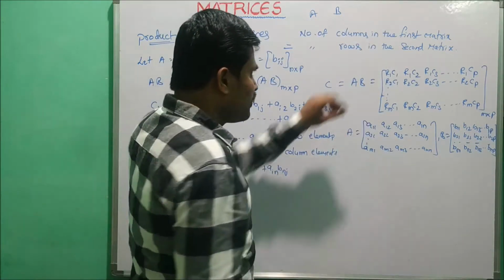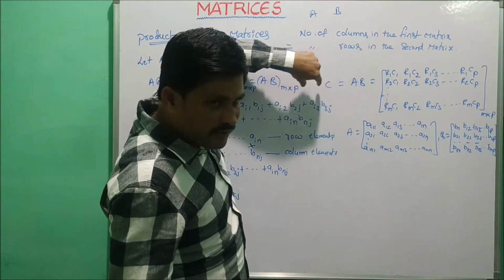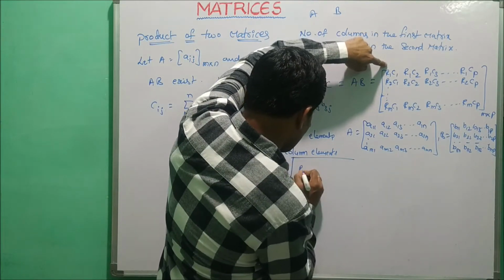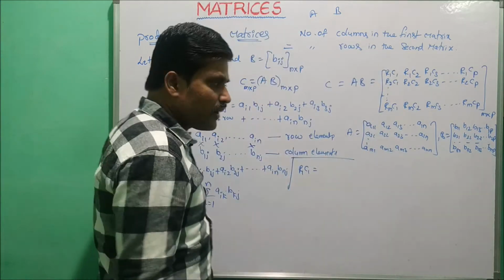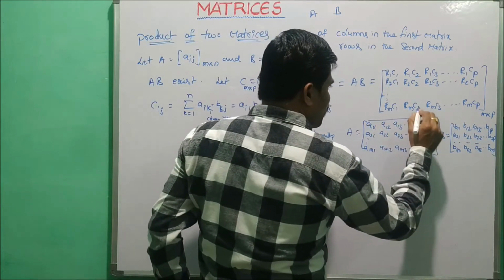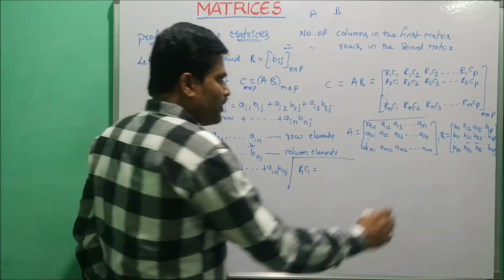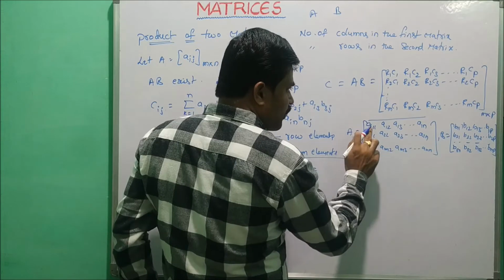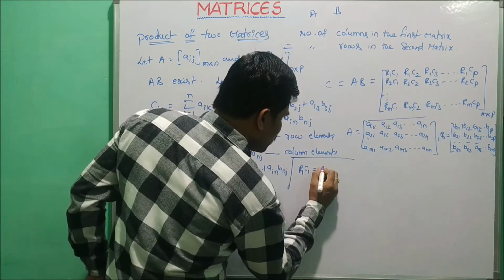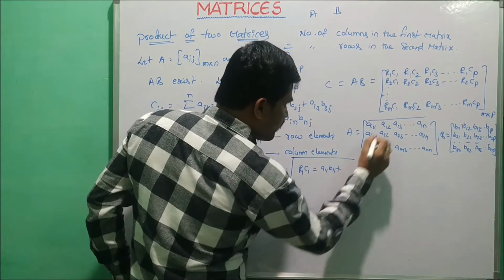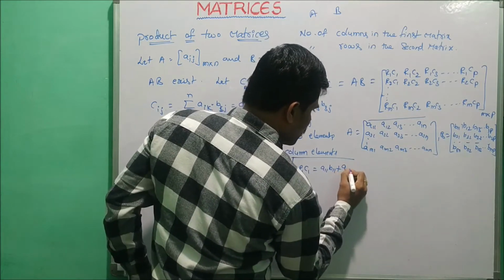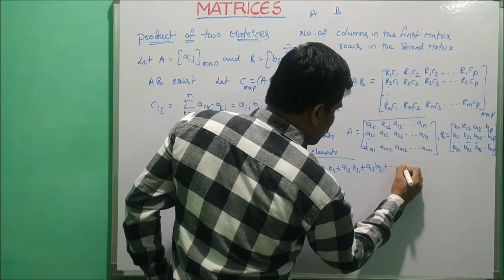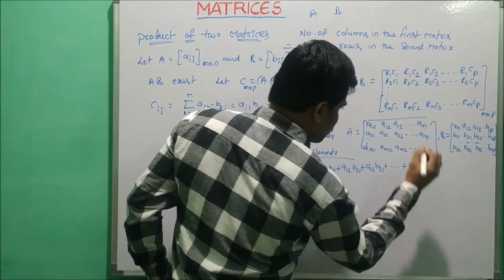Now here we have to observe, in the new matrix C, R1 C1 equals, we take the first row in the matrix A and the first column in the matrix B. Now we take the products A11 into B11 plus A12 into B21 plus A13 into B31 plus and so on, A1n into Bn1.